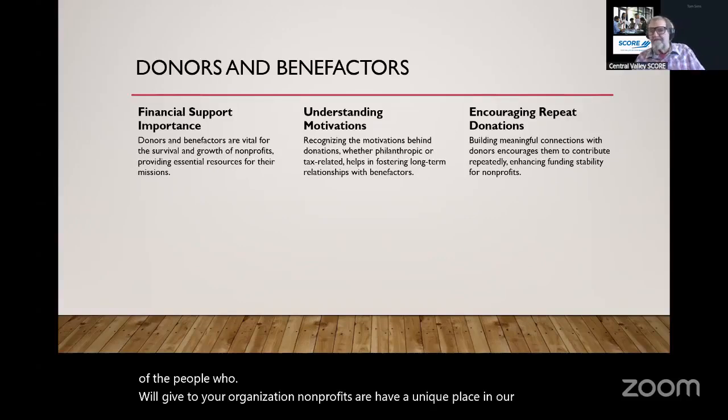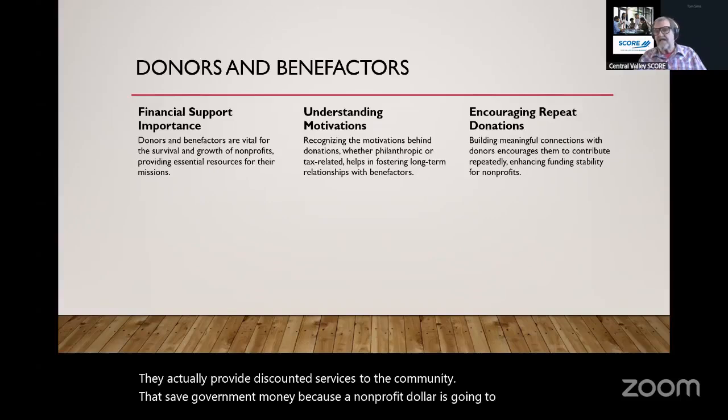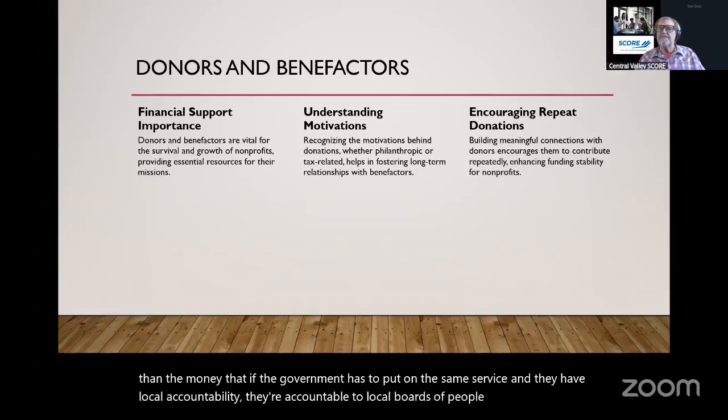They actually provide discounted services to the community that save government money, because a nonprofit dollar is going to go a lot further than the money that the government has to put on the same service. And they have local accountability. They're accountable to local boards of people who are accountable to the community.